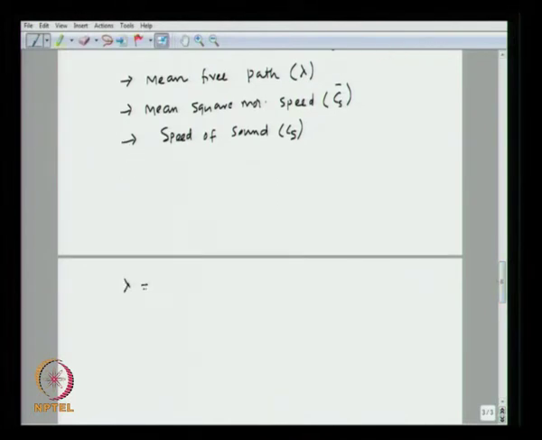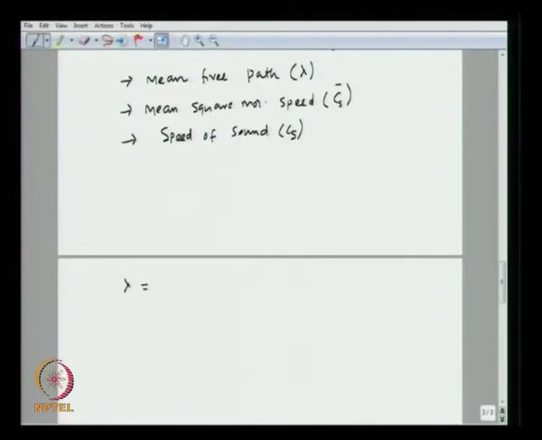The mean free path is the distance that a molecule will travel between two successive collisions. Lambda can be expressed as follows: lambda is given by the square root of 2 into pi into d square into n, whole to the power minus 1. So, this is the expression for the mean free path.